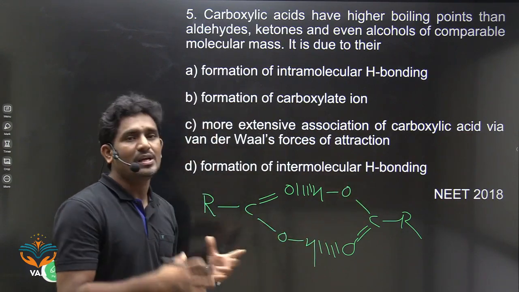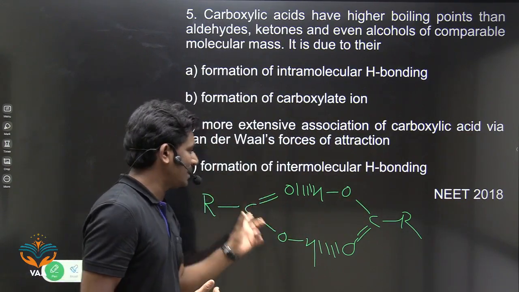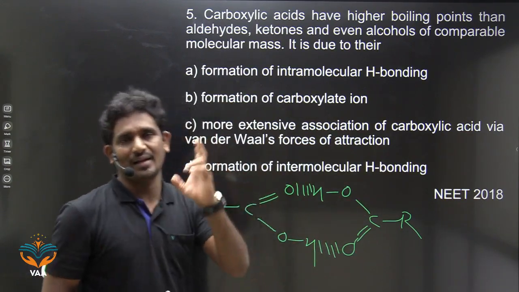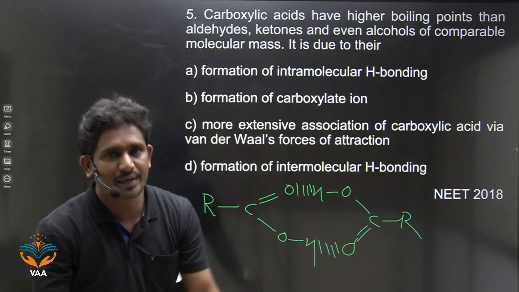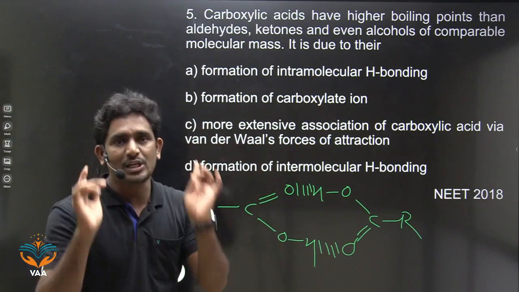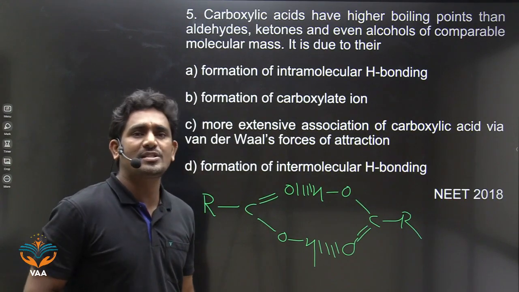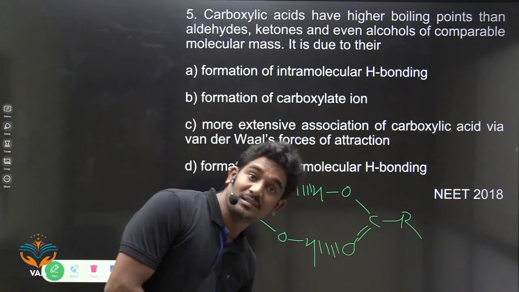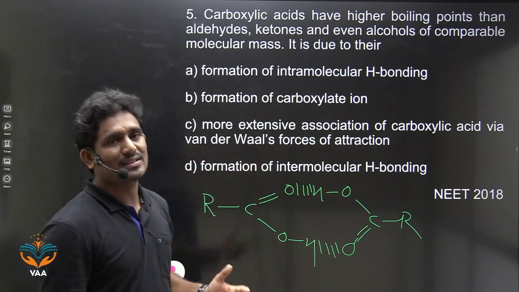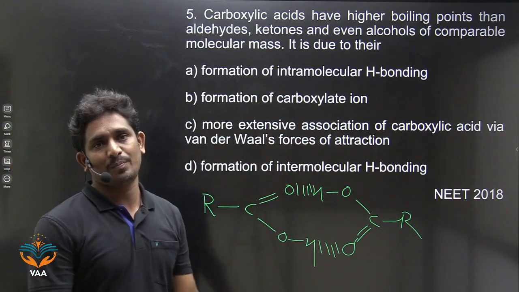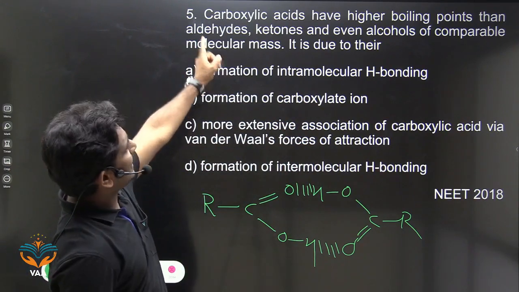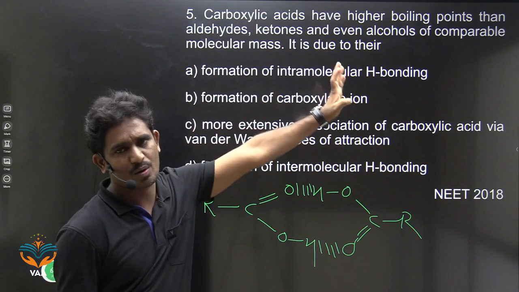So it is an extremely stable molecule because it forms a 6-membered ring, which is more stable. That is why more heat energy is required to break these interactions. So that is why carboxylic acids have higher boiling points than aldehydes, ketones and alcohols.